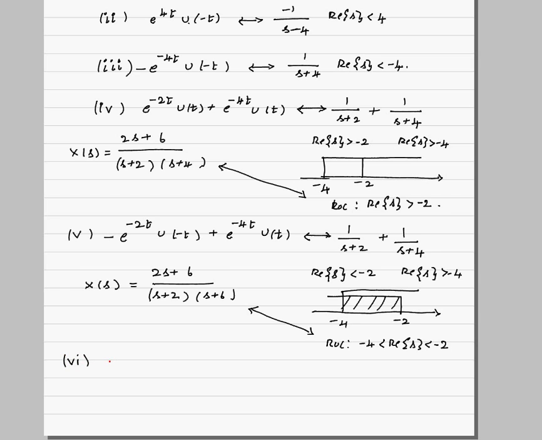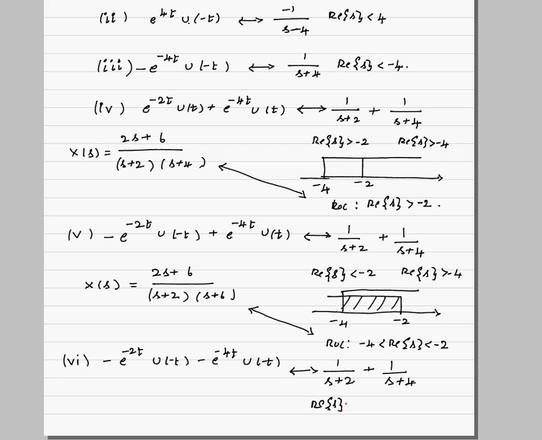Sixth one: minus e^(-2t) u(-t) minus e^(-4t) u(-t). For this again, what will be the Laplace transform? It will be the same, 1/(s+2) plus 1/(s+4). But what happens to the ROC?